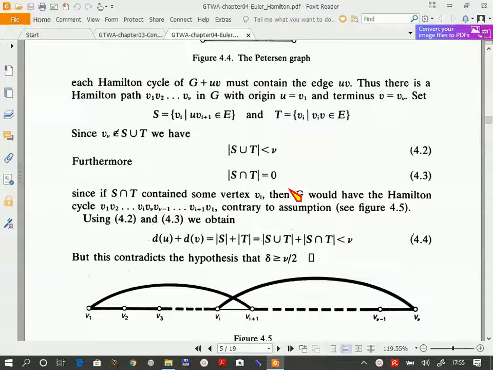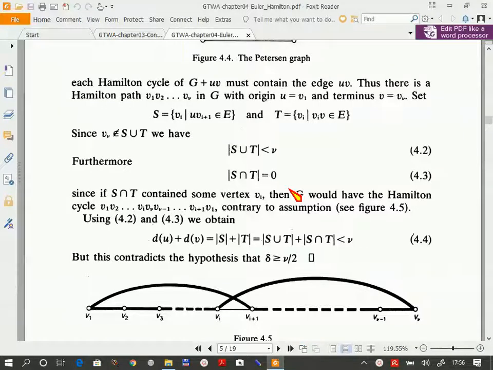Use the inclusion-exclusion principle. So the number of elements of the union is the sum of the number of elements of the two sets minus the number of elements in the intersection, which is the lady. So the formula is this.